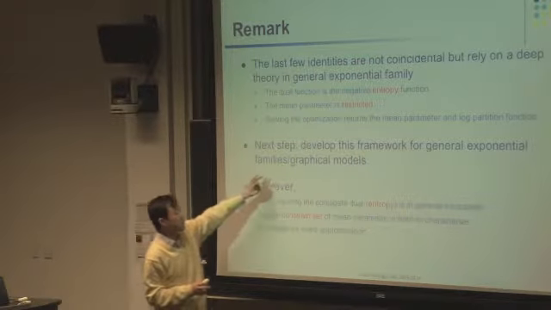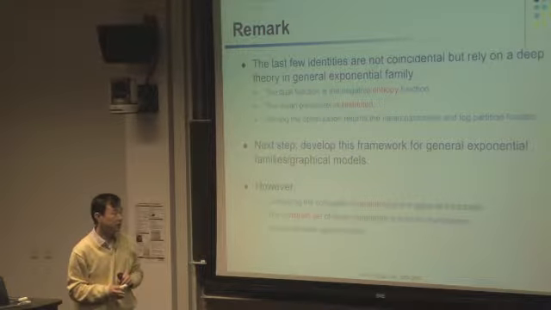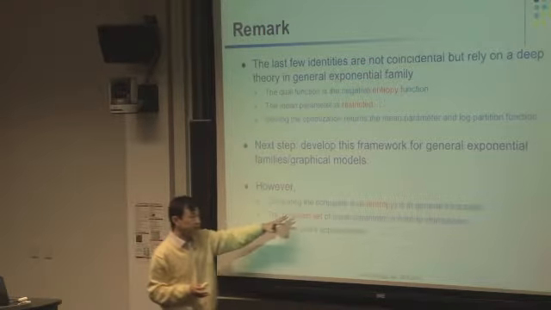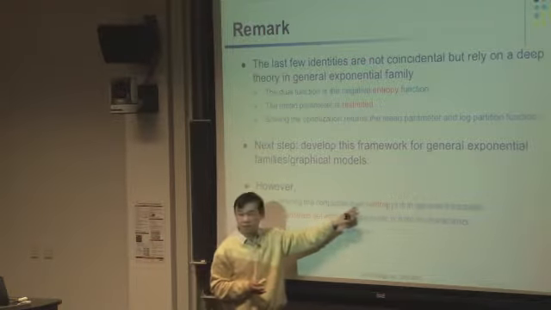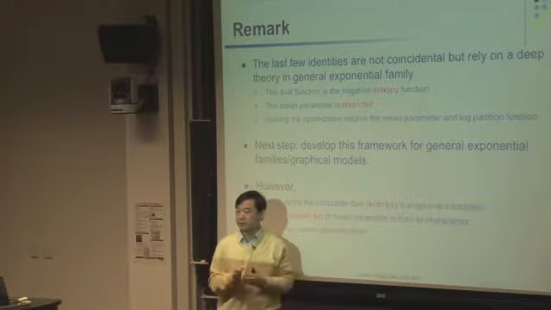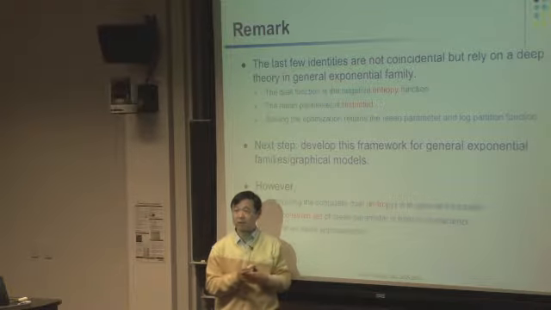So our next step is to develop this framework for the general exponential family distribution. And there we will have a few difficulties. One is that this conjugate dual, which is the entropy of the original distribution, is not easy to write. You can write it symbolically, but you really cannot compute it.